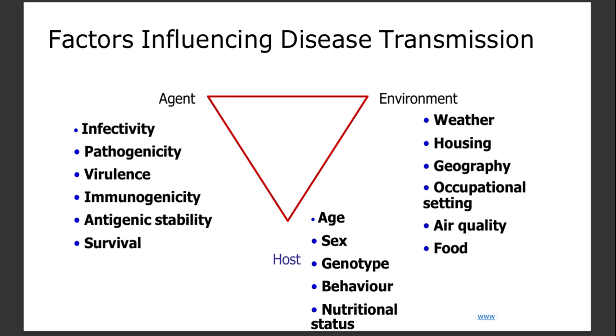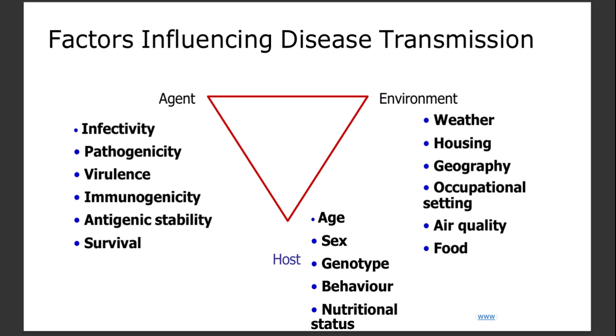And then genotype. Just the genetic makeup also predisposes you to getting the disease more than another person. Also behavior. This might include the kind of interactions that you have. For example, one likes going, let's say, biking or diving, or driving.